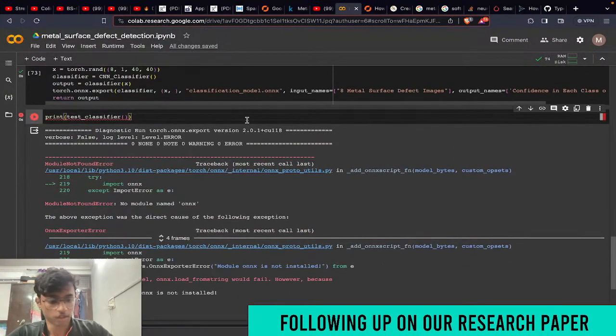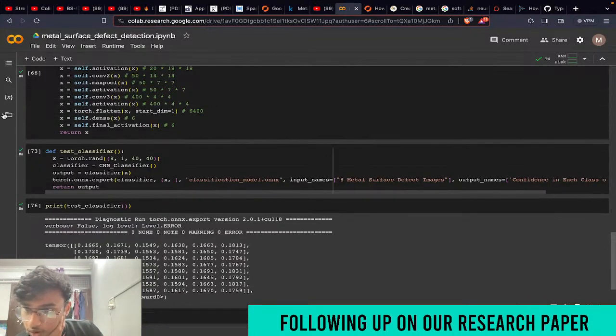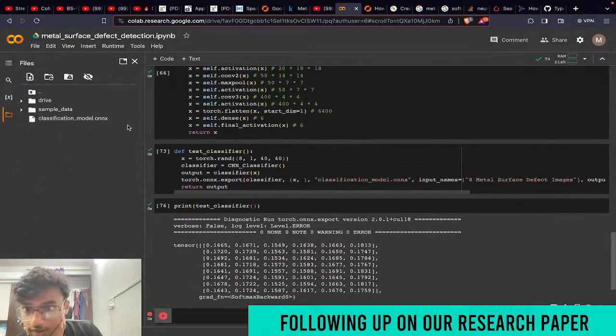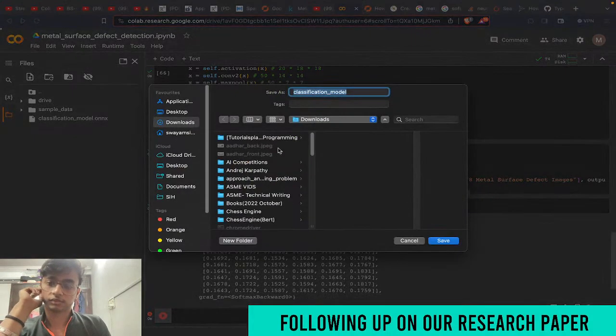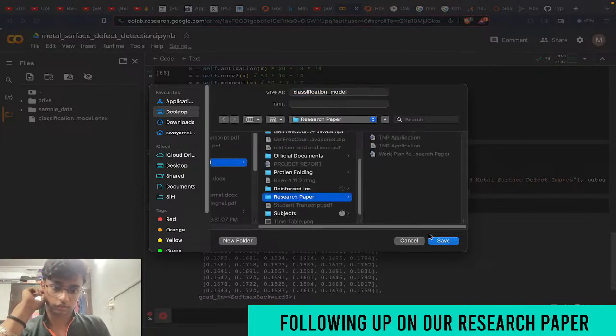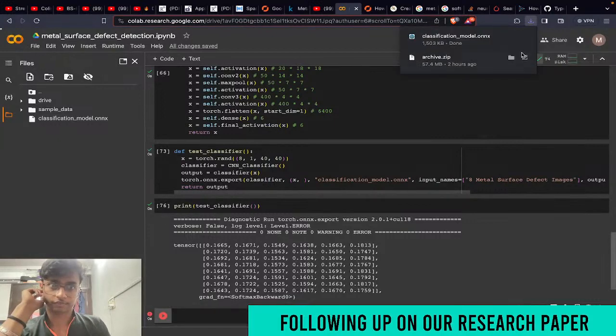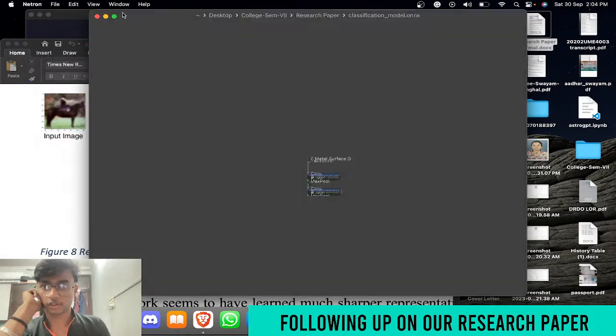Now it should work. It did work. Now we must have an ONNX file here. Good. We'll download this file. Save it on the desktop. I will open this file. Yep, there you go.